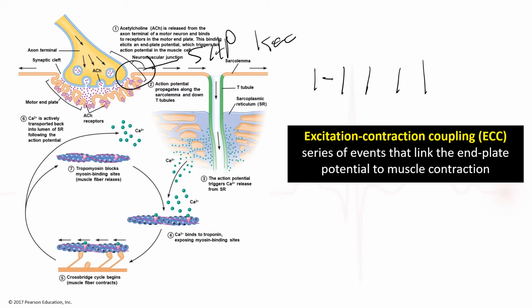These are the intervals that I'm talking about, right? If time is on the x-axis down here, these intervals between the action potentials are relatively long. And what's happening during those intervals is actually lots of calcium is being reuptaken by the SR, and the muscle fiber is beginning to relax.